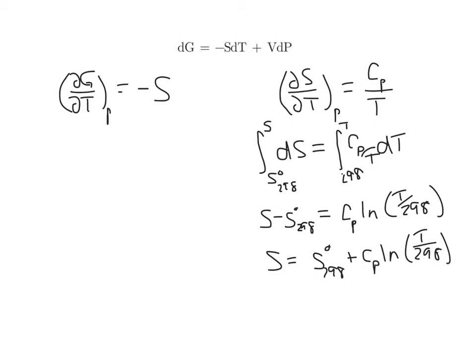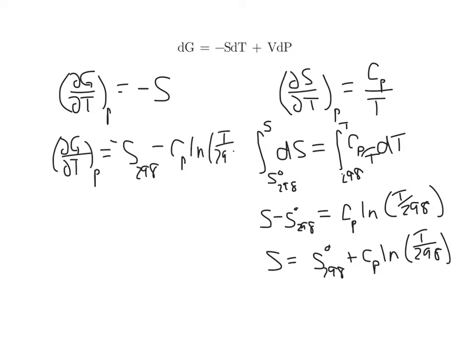So let's plug that in. We have dG/dT at constant P is equal to the entropy, and I need a negative sign, at 298 minus the heat capacity times the natural log of any temperature divided by 298 Kelvin.